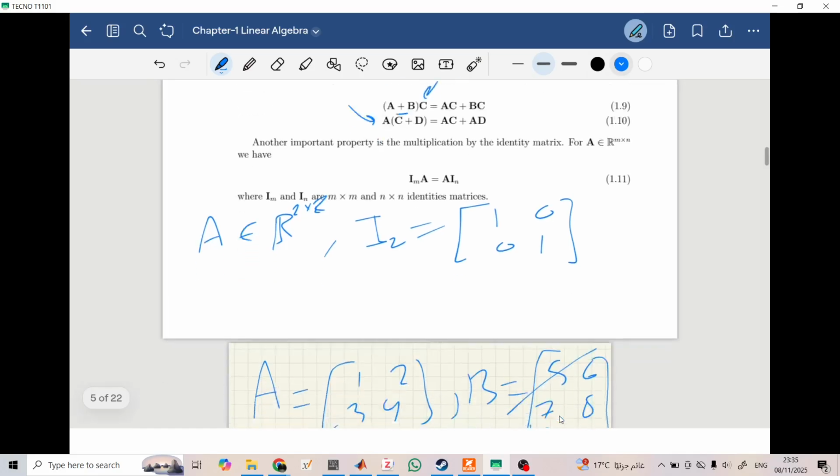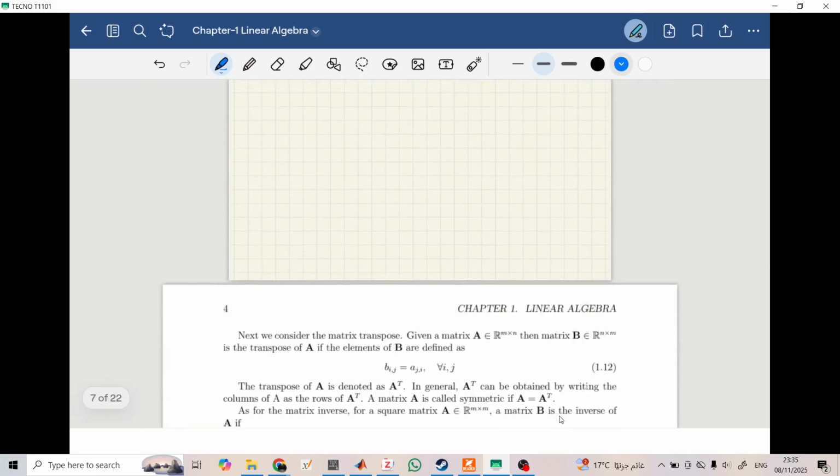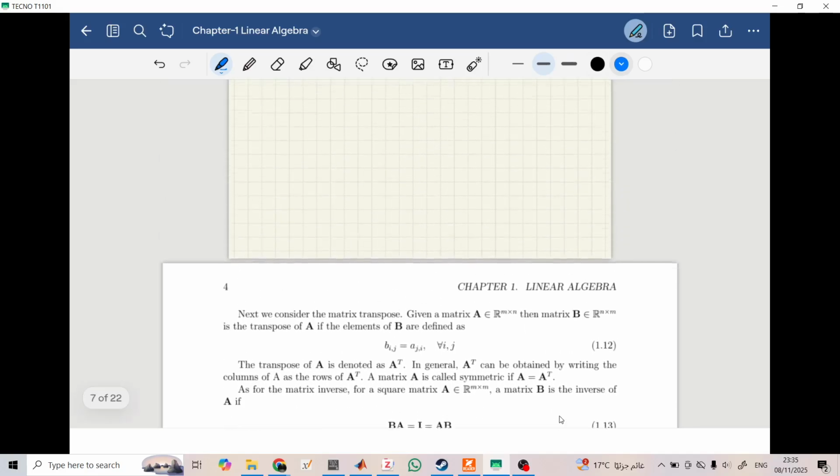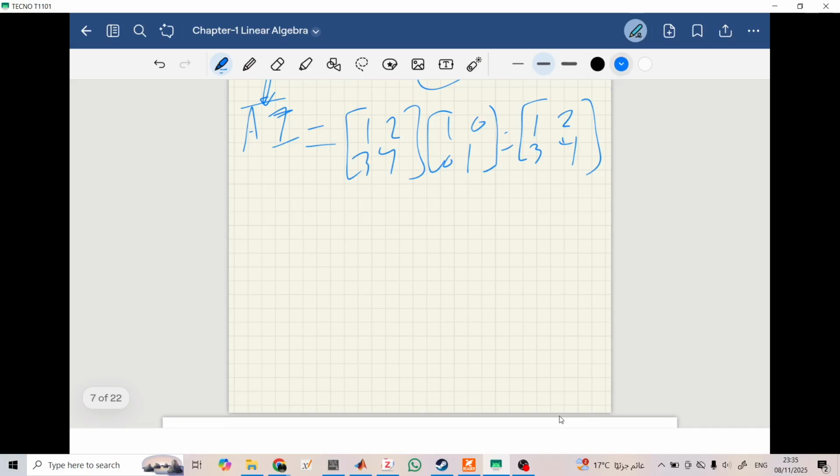Now let's move on here. Now we have another operation. It's called the transpose. So let's say that we want to find the transpose. The transpose, we denote it by a superscript T, like this.